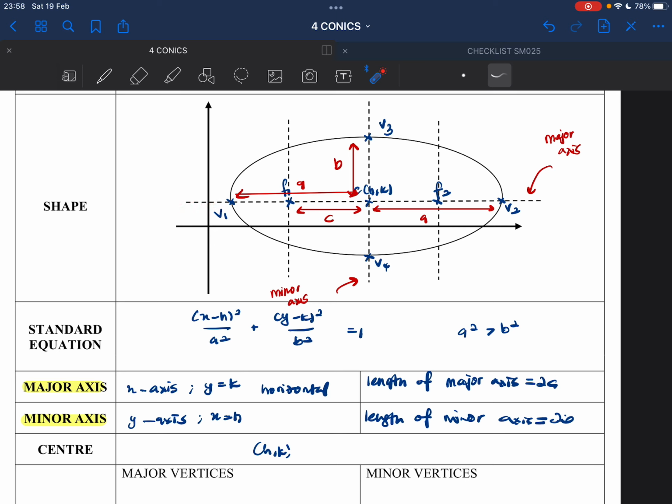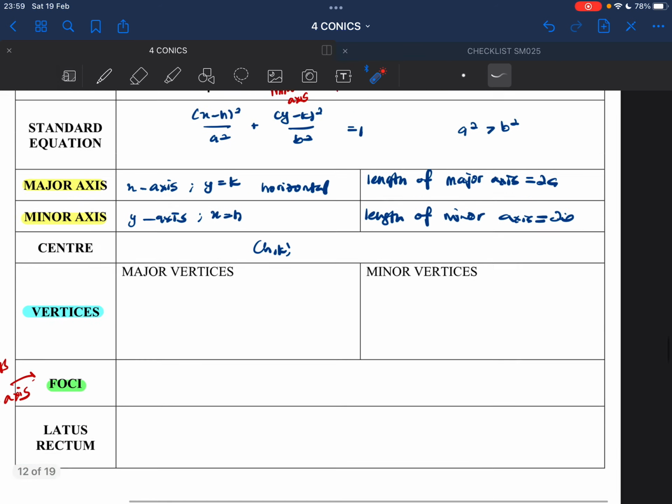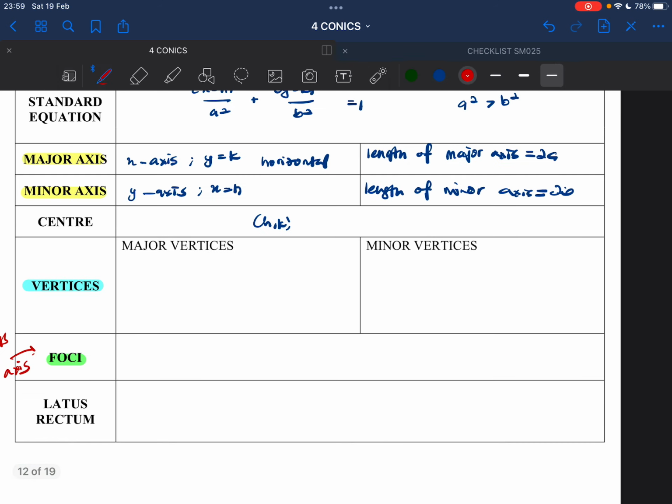Everything on the left and below the center, you have to minus. Everything on the right and above the center, you have to plus, by the distance. Since this distance is a, we get h minus a. So the coordinate of v1 is (h minus a, k).